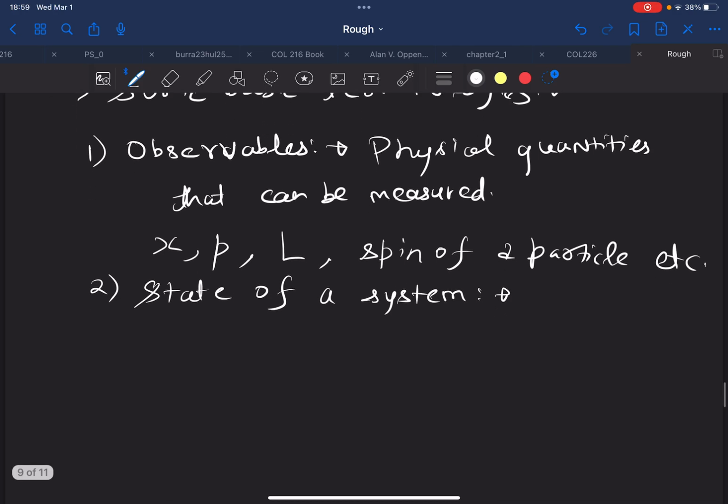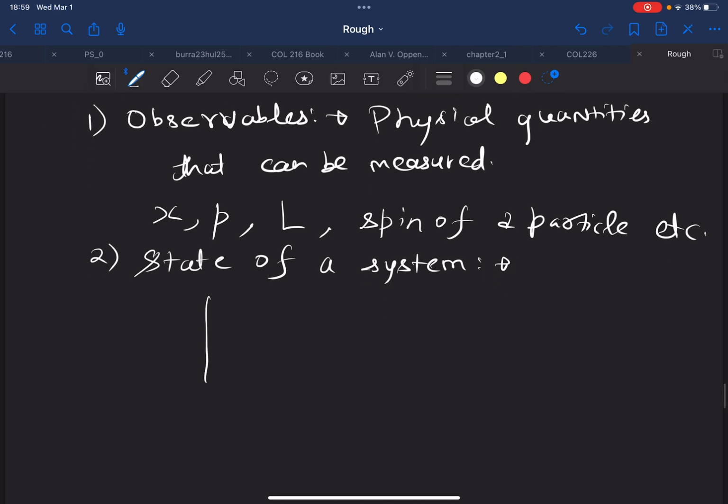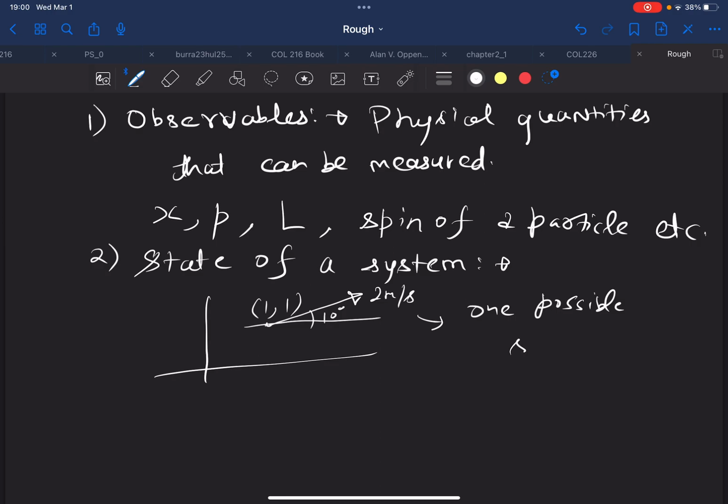So, if we have a particle in 2D space at some position moving with some velocity 2 meter per second in this direction maybe, then this is one possible state of this 2D particle. Okay, so this is one possible state.